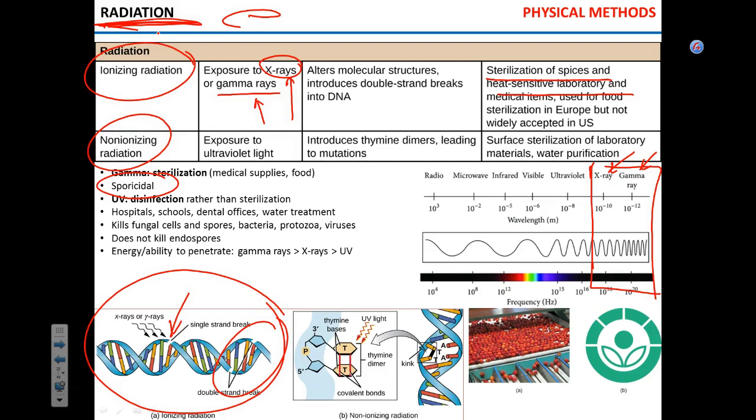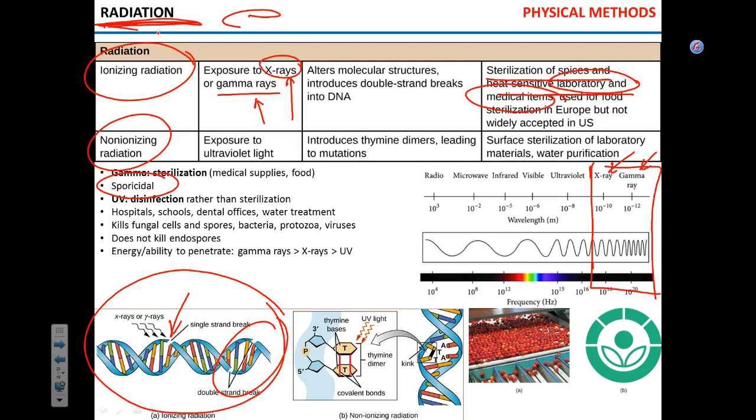Another application of gamma ray sterilization is medical and laboratory plastic. It's actually quite common. It's convenient because temperature-sensitive items can be sterilized, and sterilization can be performed in sort of a conveyor fashion.